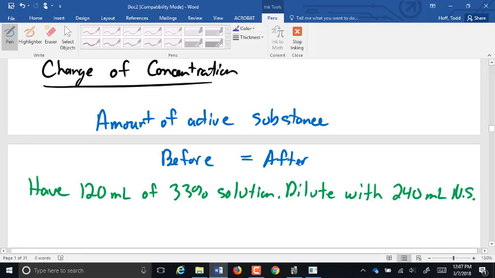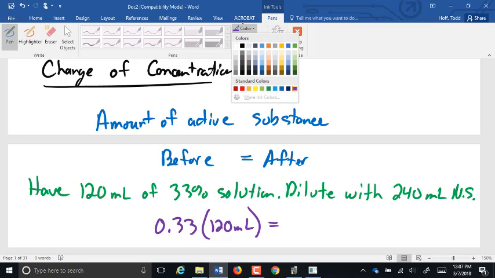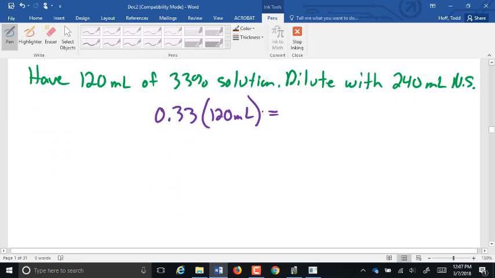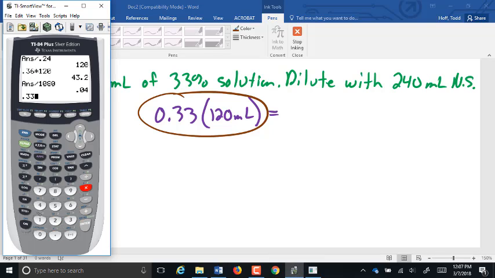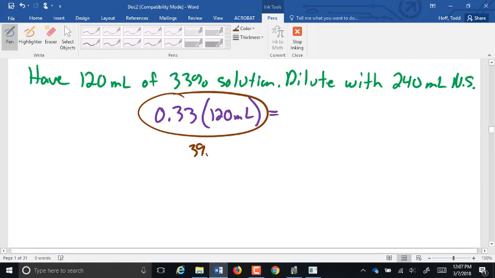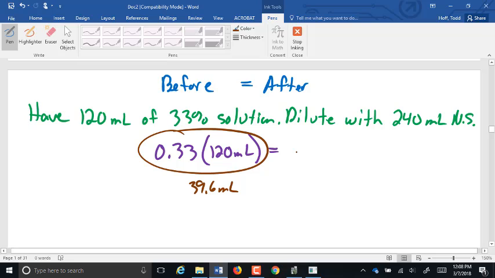So before, we have 33% times 120 milliliters. That's going to give us an amount of active ingredient there. If we figure that out, that's, I believe, 39.6. It is 39.6 milliliters, which is what we did up above before we used our shortcut with our dilutions to just the percent.